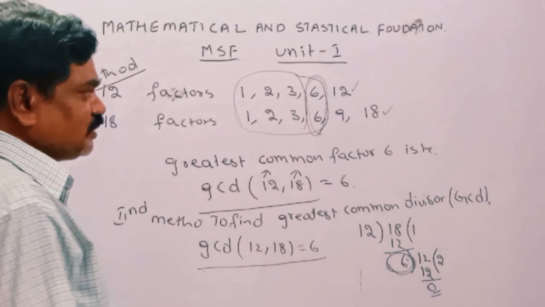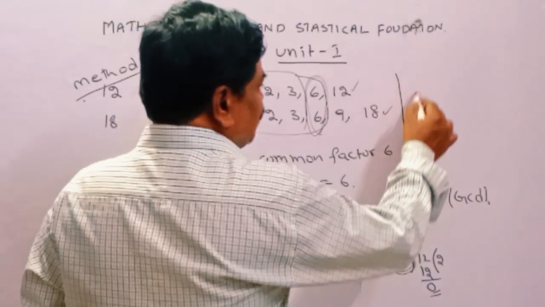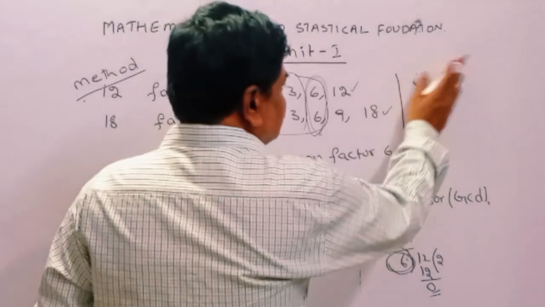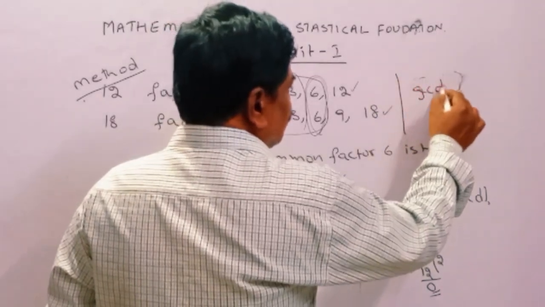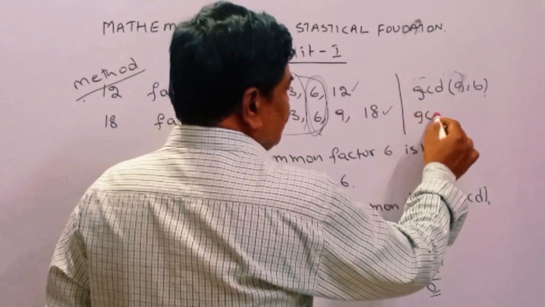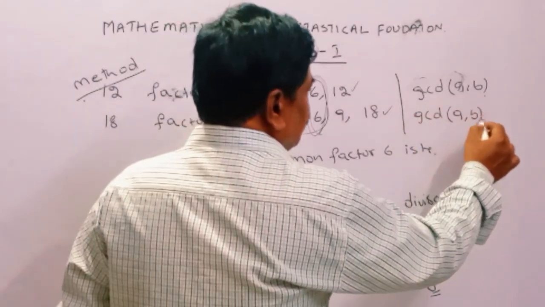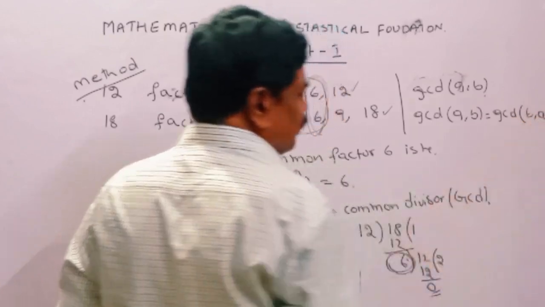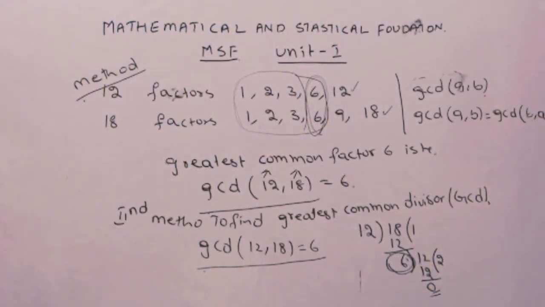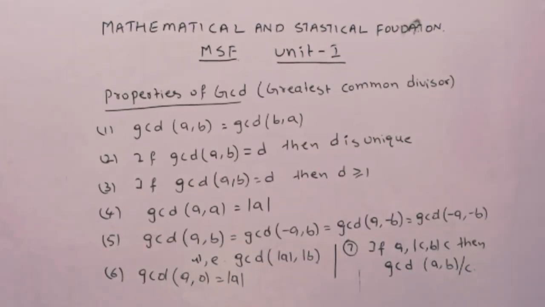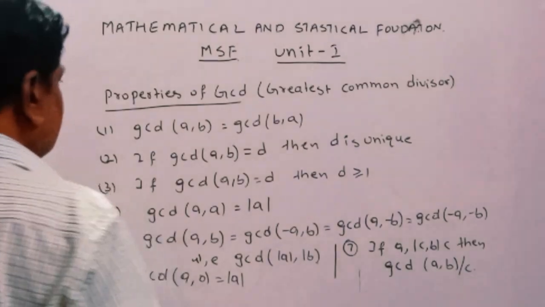The greatest common divisor of A comma B is denoted as GCD of A comma B. So GCD of A comma B is equal to GCD of B comma A. Here we have some of the properties of GCD.